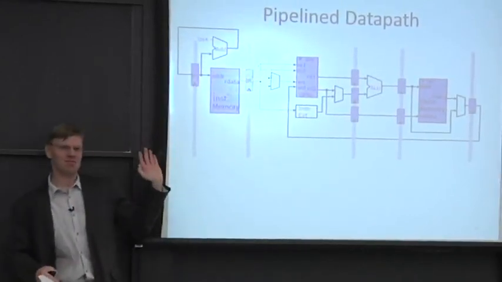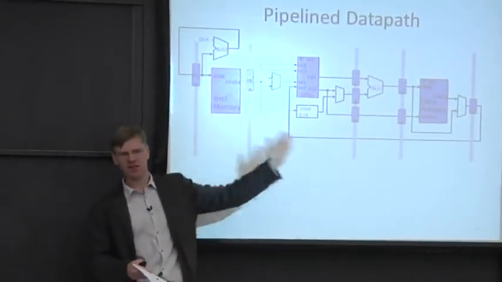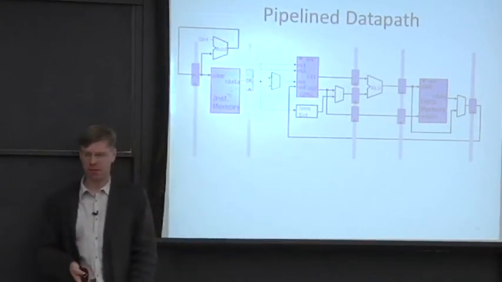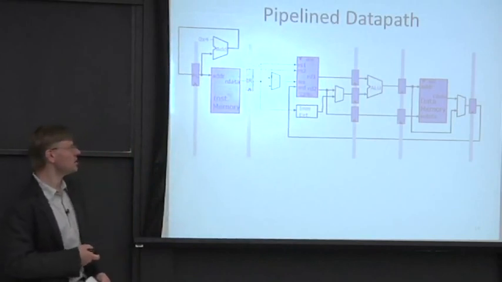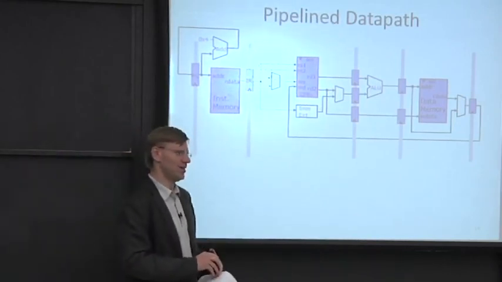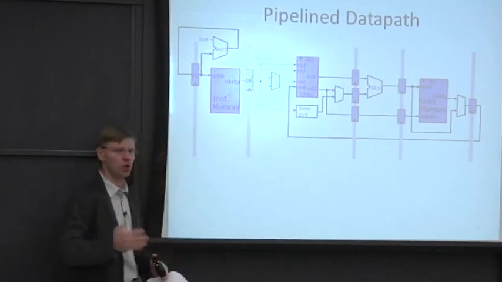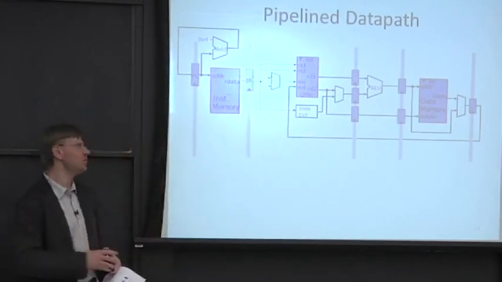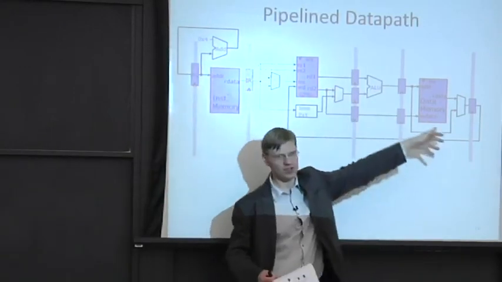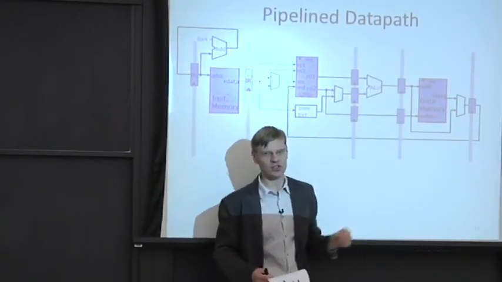And it just so happens that this is a convenient place to put registers for something like a MIPS data path. Some important things you might recall from your digital logic design course: when you pipeline a circuit, you need to make sure that you cut all lines which are going in this direction across the registers.